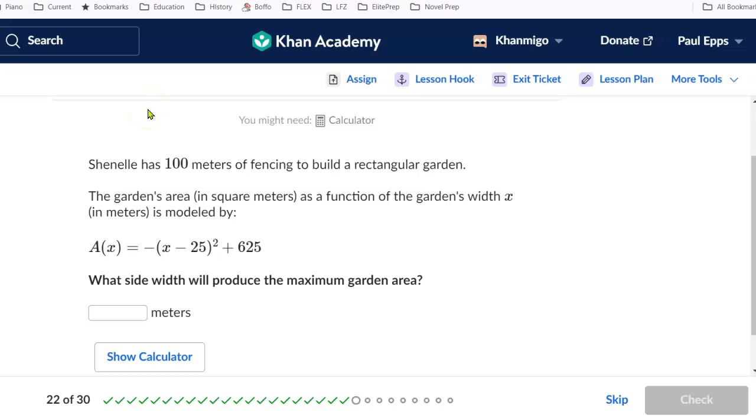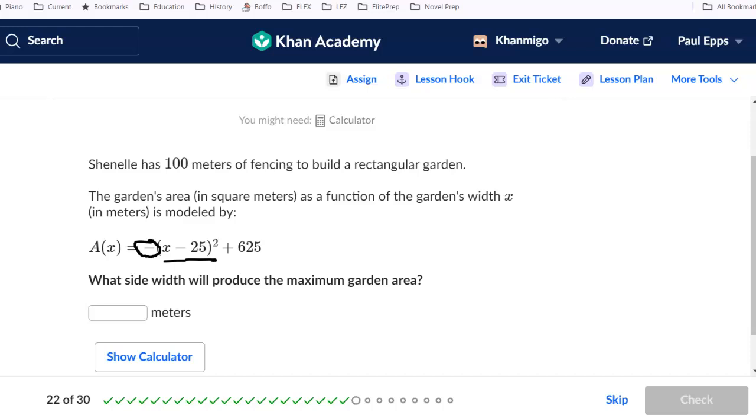Look at this quantity here, x minus 25 squared. That has to be a non-negative number, and since there's a negative sign in front of it, taken all together it has to be a non-positive number.